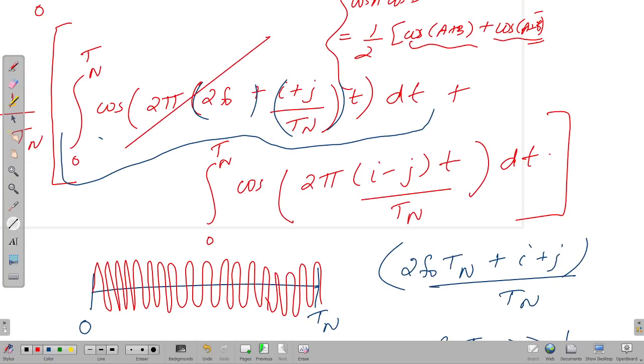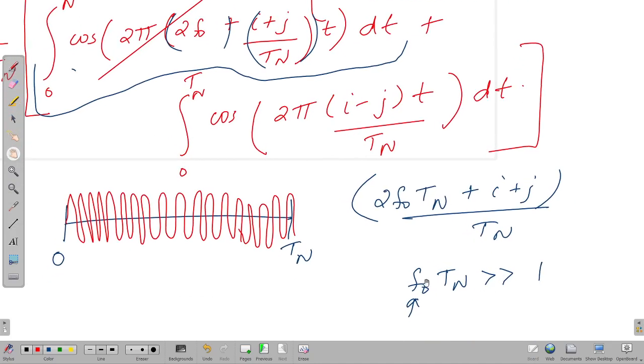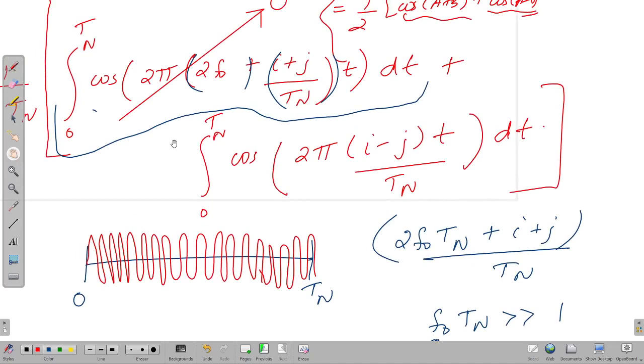That integral will have a value of 0, because f naught is a large value, typically in the megahertz range, and when you multiply with Tn, it is a very large value compared to 1. You will have a high frequency, and this high frequency when integrated from 0 to Tn gives 0, because you have equal positive and negative areas. And we'll see what happens to this particular integral.